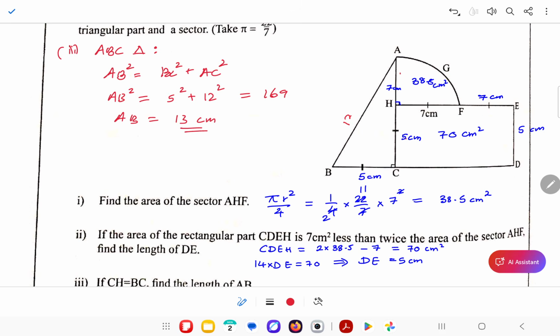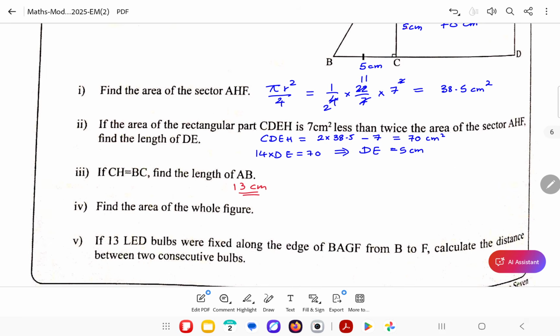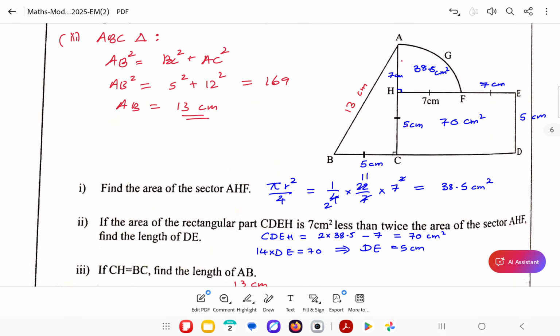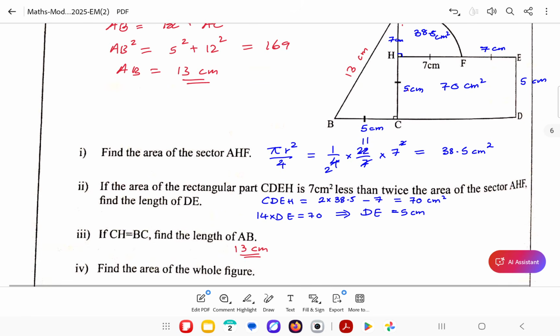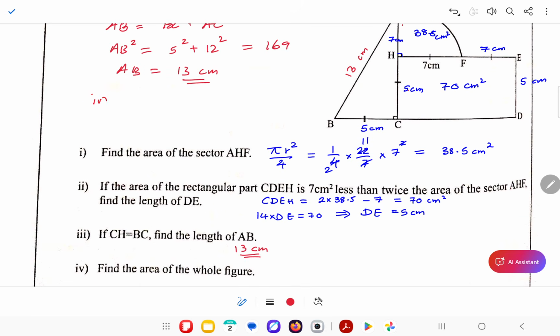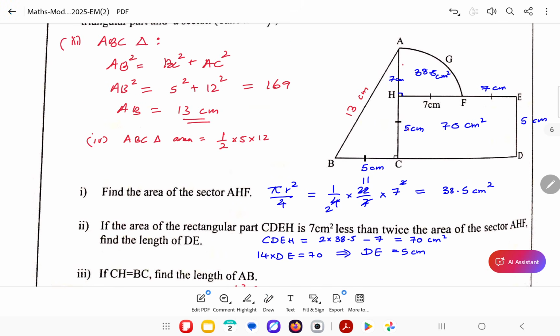Right. Then find the area of the whole figure. So 2 parts we already found. So let's find the area of ABC triangle. ABC triangle area, which is half into 5 into height AC 12.